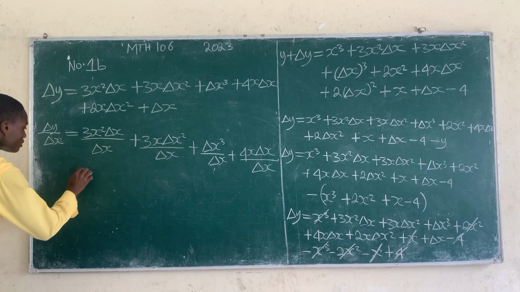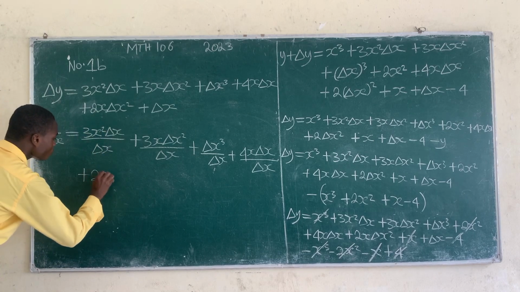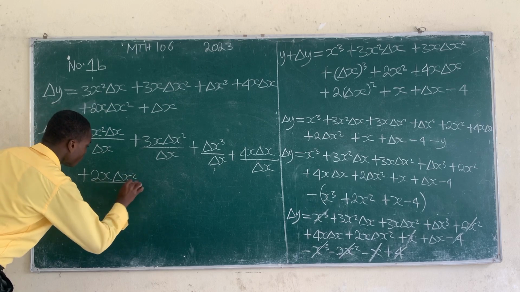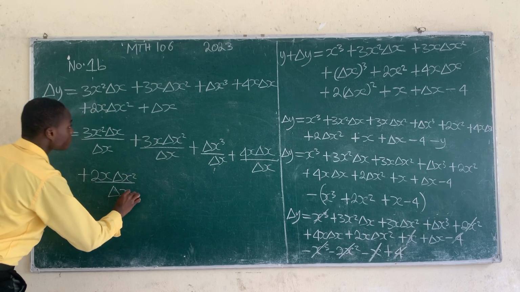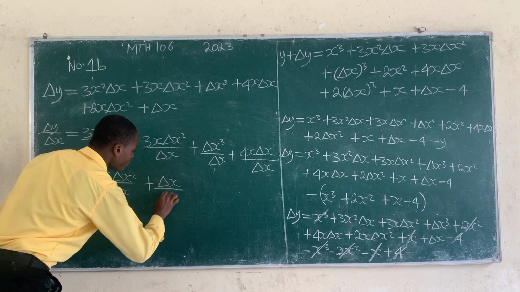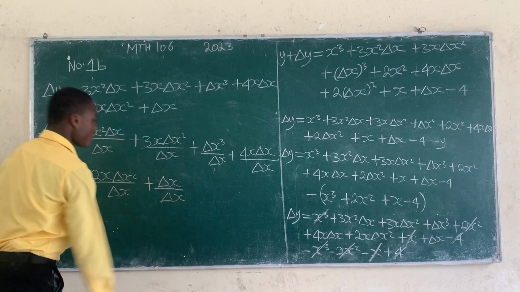Then the next one there is plus 2x increase in x squared over increase in x plus increase in x over increase in x.